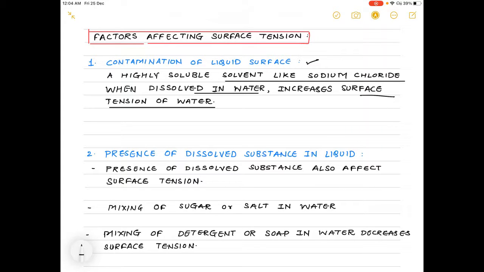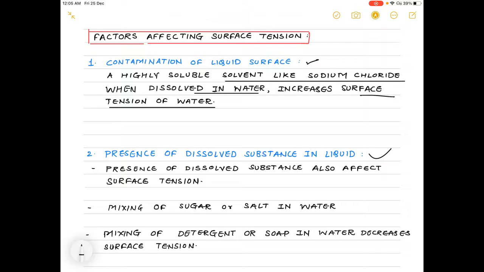Now, the second factor which affects the surface tension is the presence of dissolved substances in a liquid. In case of highly dissolved substances, soluble molecules are strongly attracted by the liquid molecules. So, if the substance is able to highly dissolve itself in water, the soluble molecules are strongly attracted by the liquid molecules.